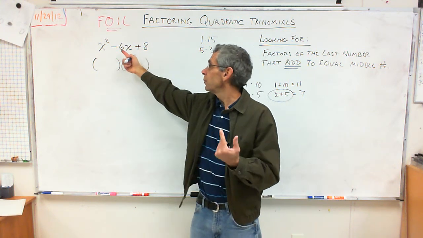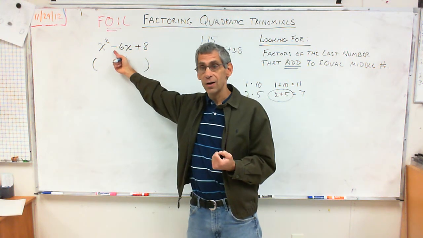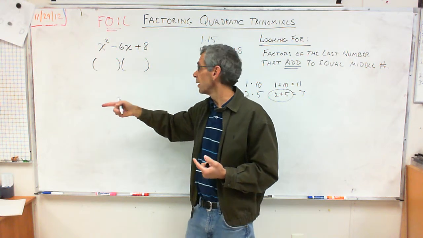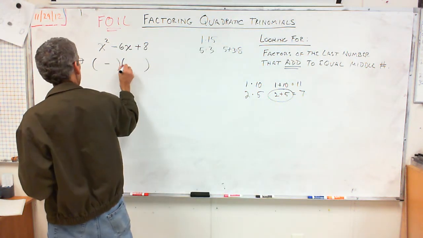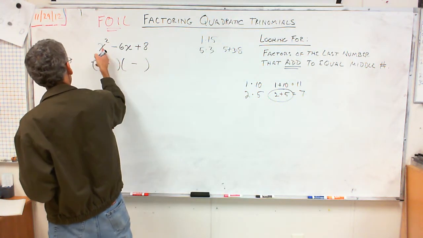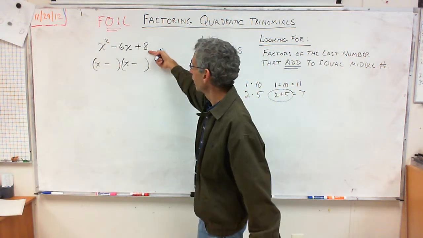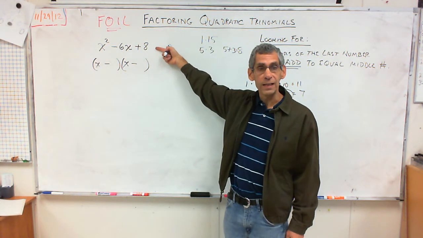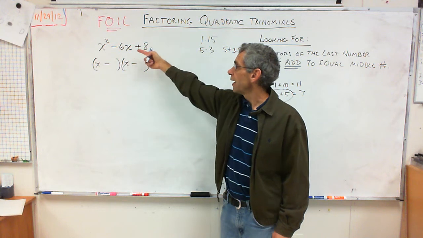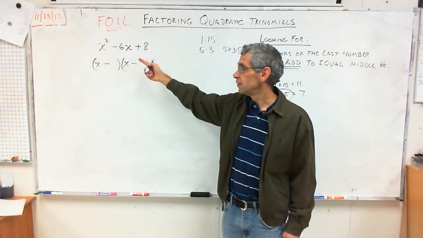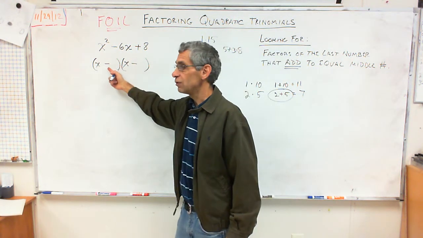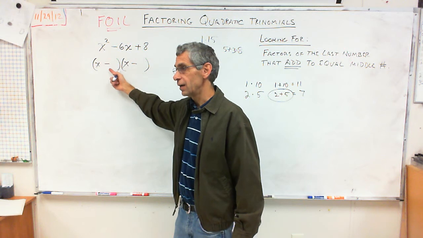But because there's a negative there, they're going to be both negative. You're totally right. So I know it's going to be negative, and negative, and to get x squared it's going to be x and x. So now I'm looking for factors of 8 that add up to negative 6, but those factors both have to be negative.